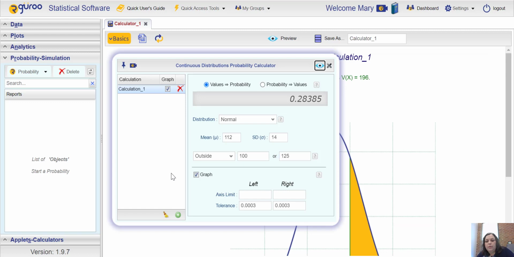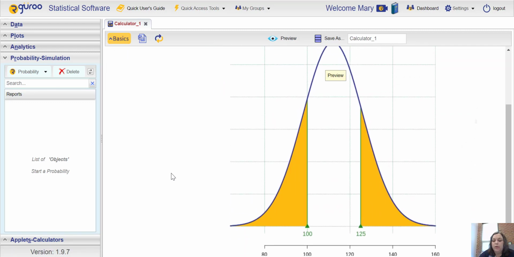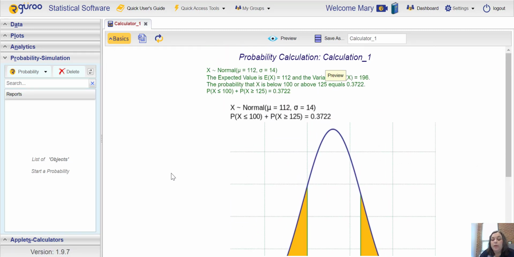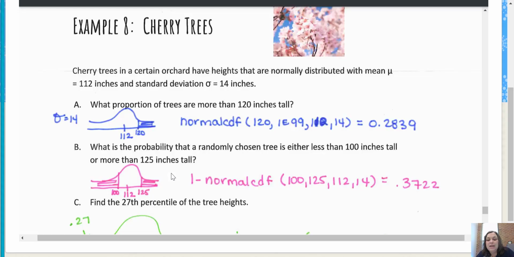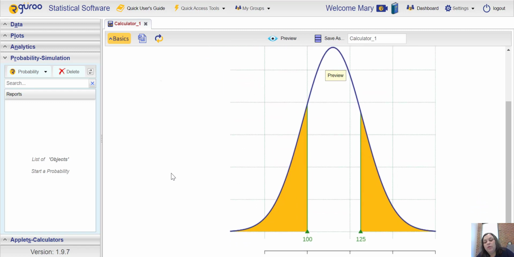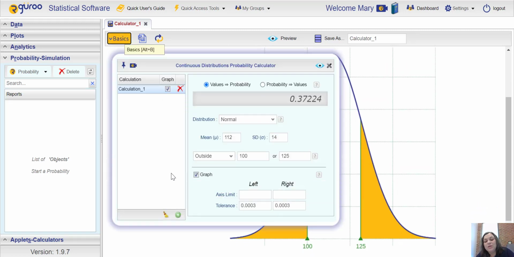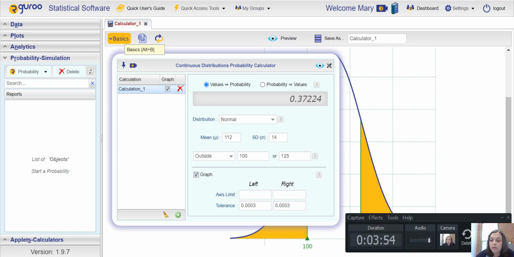So preview. You can see it's shaded below 100 and above 125. We get 0.3722. Same thing we got there, but this was actually a little bit more user-friendly because it gave us the option for outside. Normally we have to figure out the between and then subtract that from 1, basically the complement. So you don't have to do that here. So that's nice.